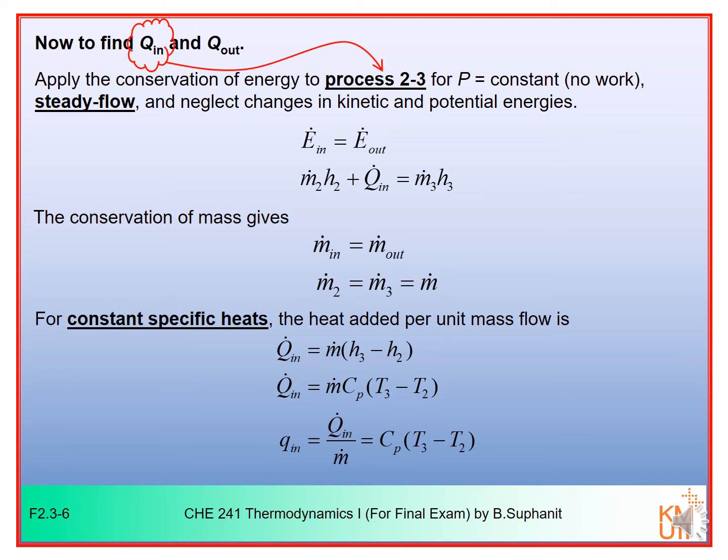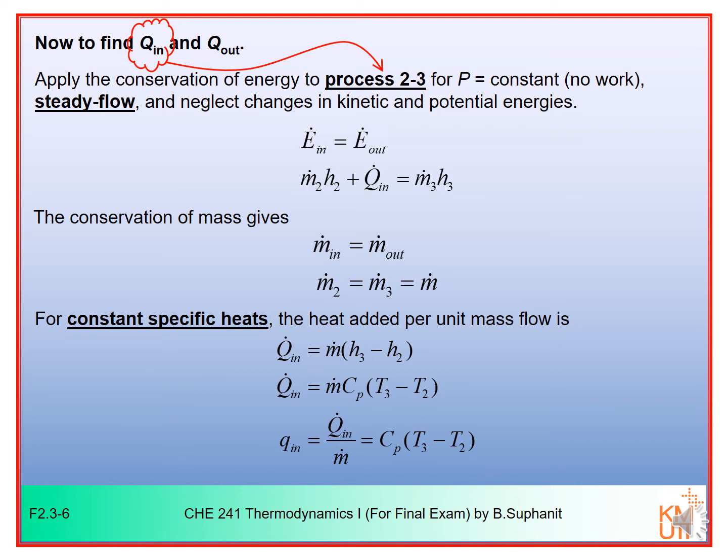From the energy balance at steady flow and neglecting changes in kinetic and potential energies, we have energy flowing in must be equal to energy flowing out. So we have energy flowing in with the feed plus heat supplied to the combustion chamber must be equal to energy flowing out with the gas products.